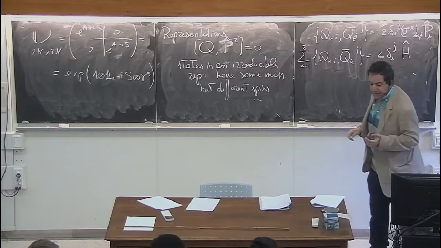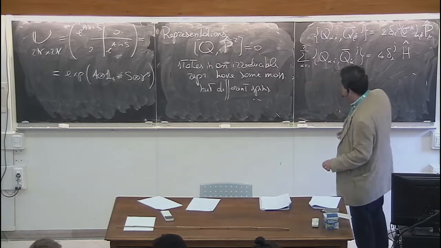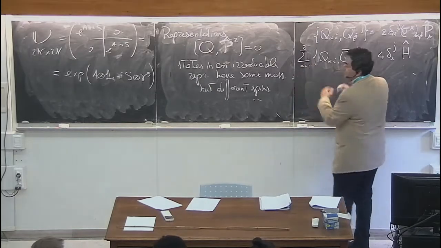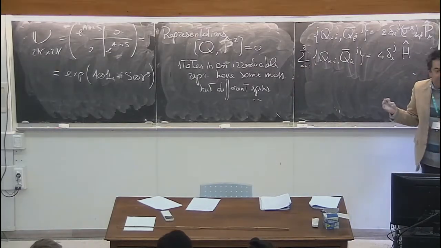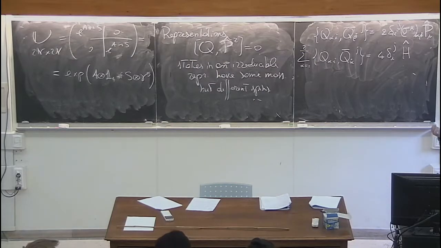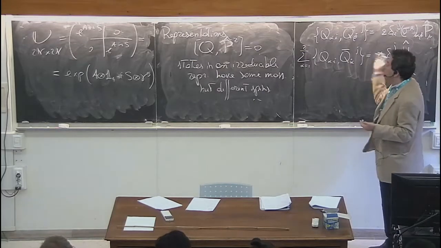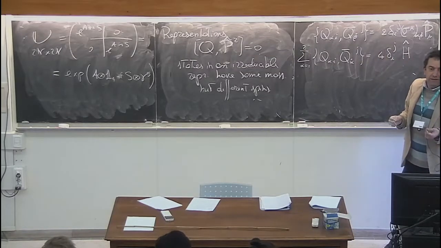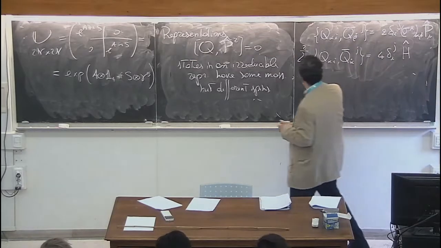Take a state A, and operate on both sides on this state A, namely compute the expectation value of both these operators on this state.